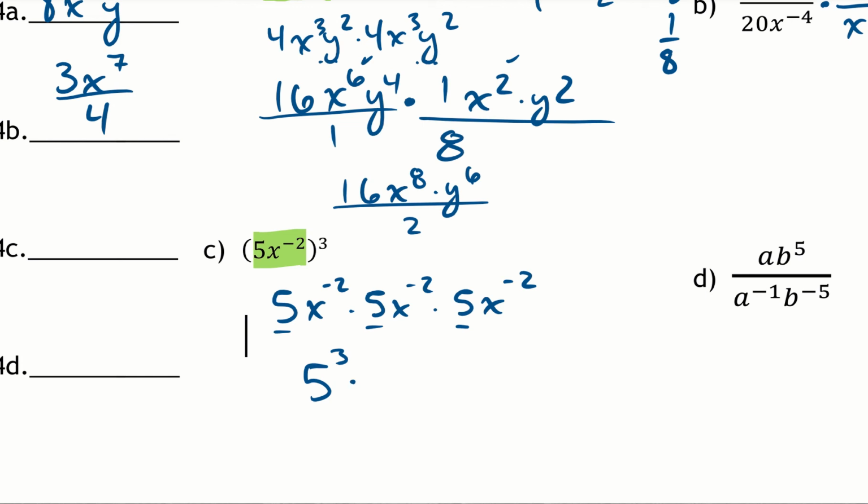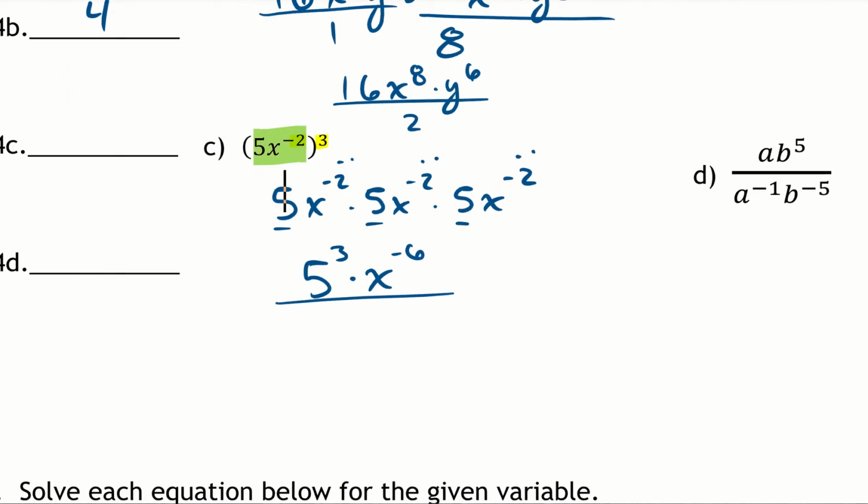And then check this out. I've got 1, 2, 3, 4, 5, 6 factors of x. Actually, it's x to the negative 6, so I should be careful. But look, I had a 3 and a negative 2 right here, so I could have just multiplied those as well. X to the negative 6th power.